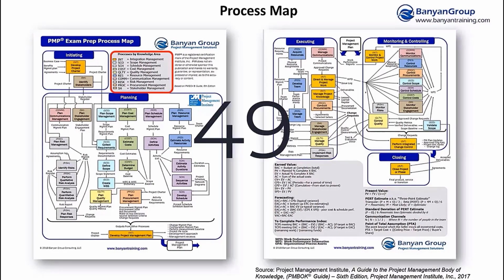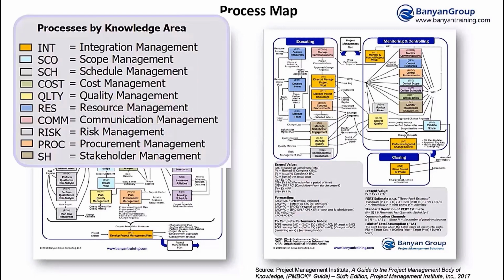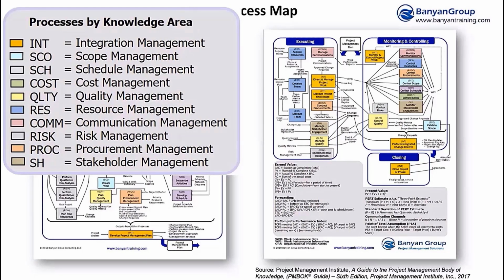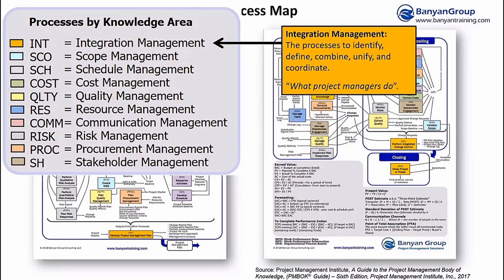But it's important to understand which knowledge area you're in. And so you can see in the left side, middle of the top of the page there, they have the knowledge areas. There's 10 of them. Most of them are very intuitive, right? You understand what scope is, you know what schedule is, you know what cost and quality, resources, communication, risk, procurement, and stakeholder management. The question is integration management.